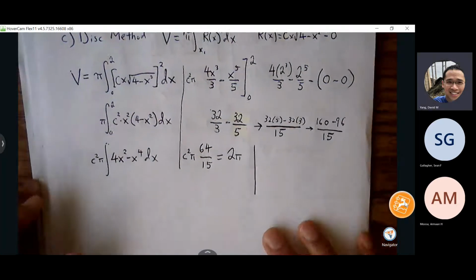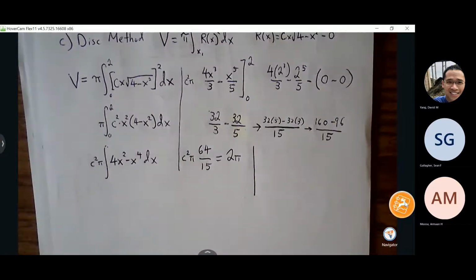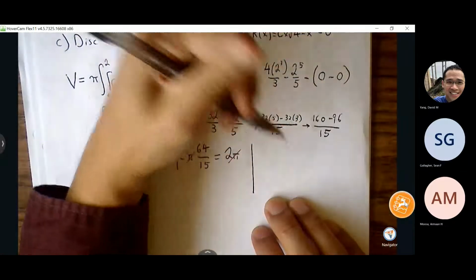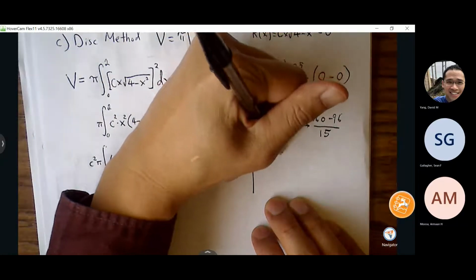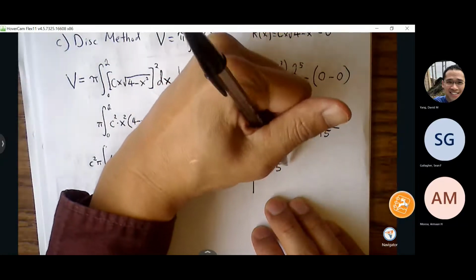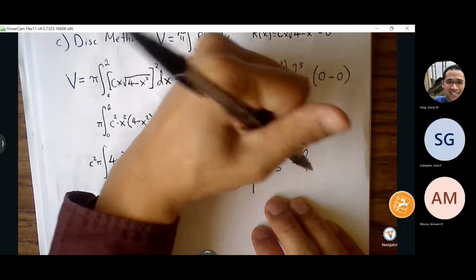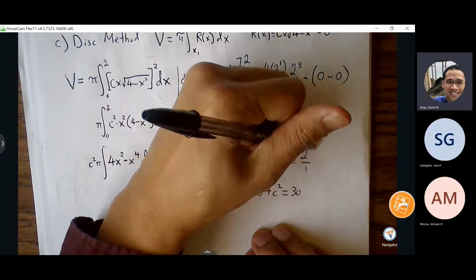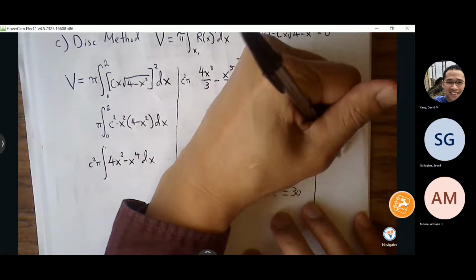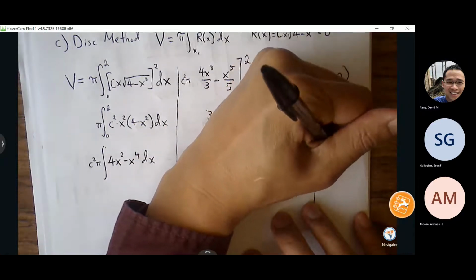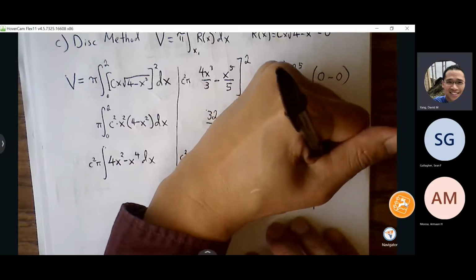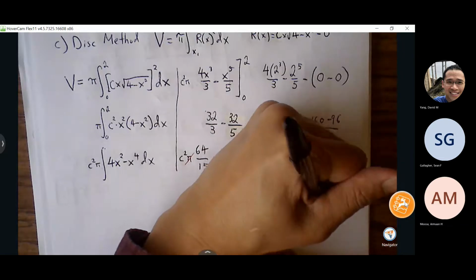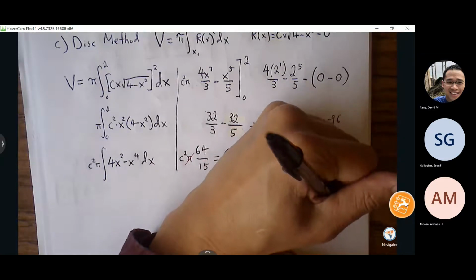And now we just want to solve for C. So get the pi's to go away. Reduce that fraction and take the square root.